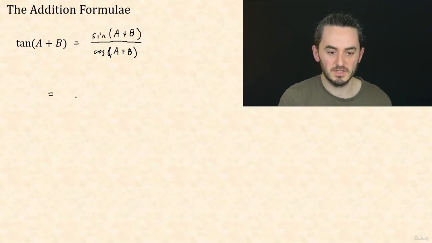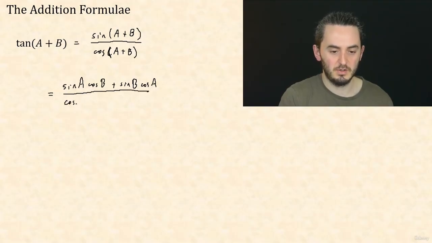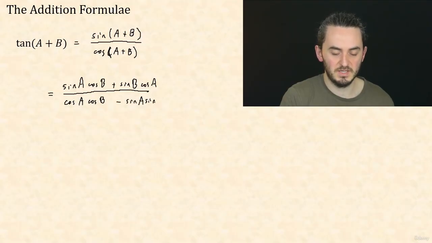So sine of A plus B is sine A cos B plus sine B cos A. And cos of A plus B is cos A cos B minus sine A sine B.